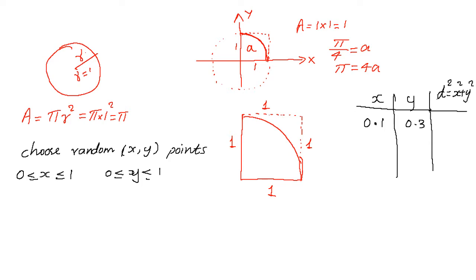So here it is 0.1 square plus 0.3 square, which is 0.01 plus 0.09. Squaring and adding, you will get 0.10. So the distance square is 0.10.